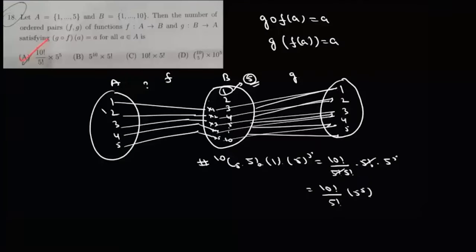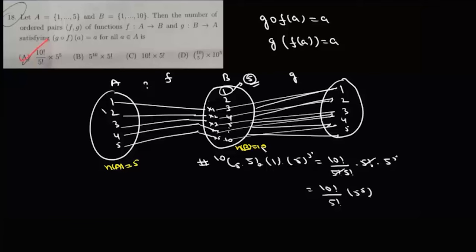Now in question number 18, we are given two sets A and B. A has 5 elements and B has 10 elements. Now it says we need to find the number of ordered pairs of functions f and g such that g of f(x) is x.